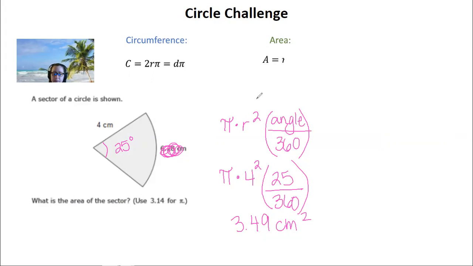I'm just looking up the formula so I can give it to you guys accurately. I'm not really sure why we're doing this, but I think it's good. It's just another formula, that's all. Arc length and area of a sector.